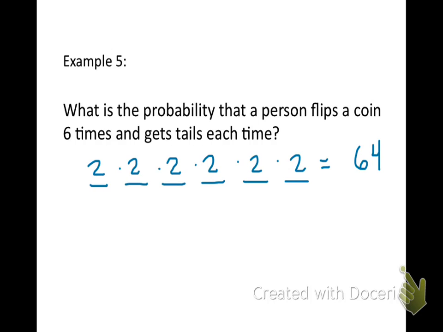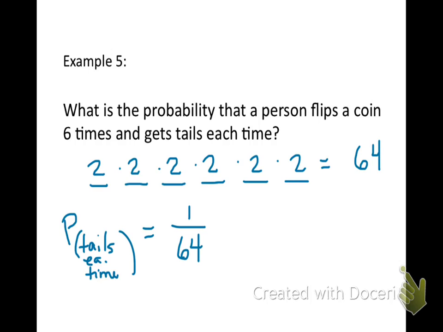Okay, and the probability of getting my tails each time, right, is that I'm going to have 1 out of 64 because there's one way to get tails, and it doesn't matter. I can multiply 1 times 1 times 1 times 1. I'm always going to have 1 out of 64 for this one.